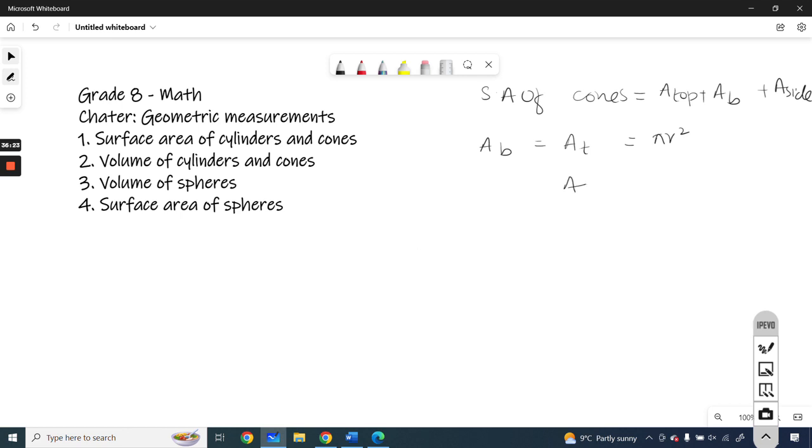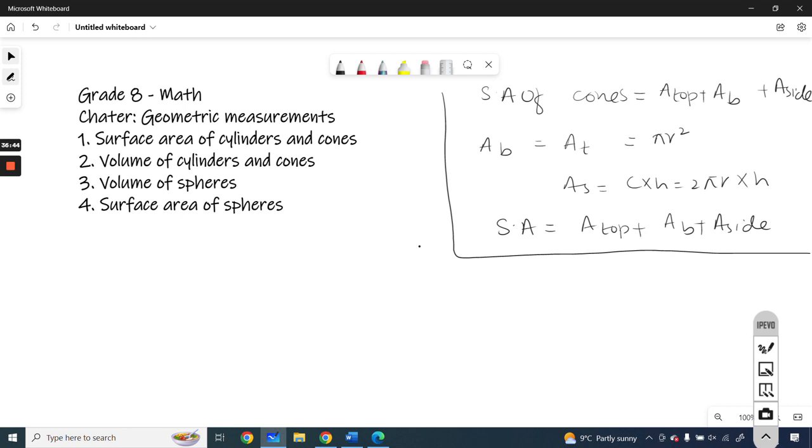And the area of the side is, you have to do C times H. Got it? And C equals 2 pi r times H. Got it? And then for the surface area, you have to add up all the areas. Area of top plus area of bottom and plus area of side. That would be for the cone. Got it? You can note down these important things.